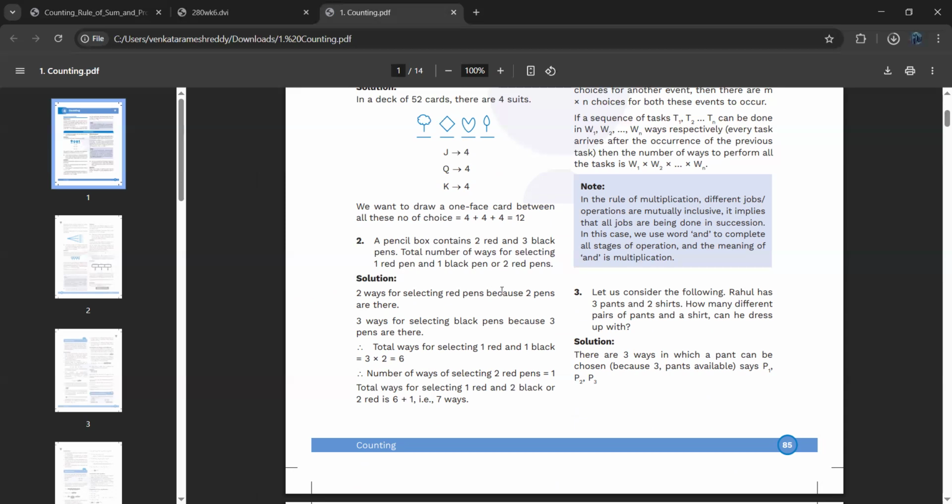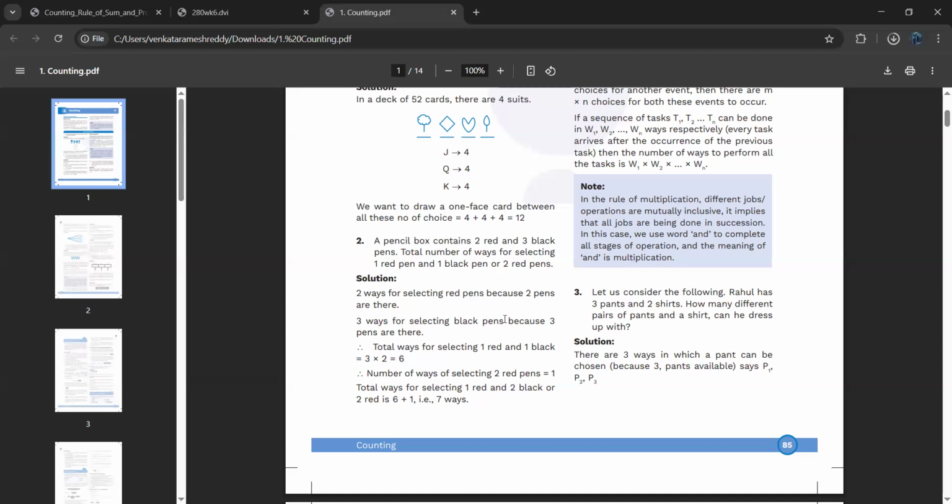See here, how many ways are there to select a red pen? Since two red pens are there, there are two ways. If you want to select one black pen, how many possibilities are there? Out of three we are choosing one, it means 3C1.